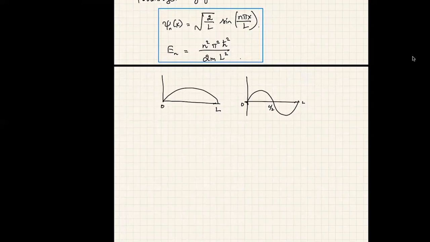Another thing to note is that the wave functions, as you go up in energy, are alternately even and odd. So the ground state wave function is even. The first excited state is odd. Odd means if I flip it around L by 2, I get the opposite sign. And the next one will be even, and the next one will be odd, and so on and so forth.